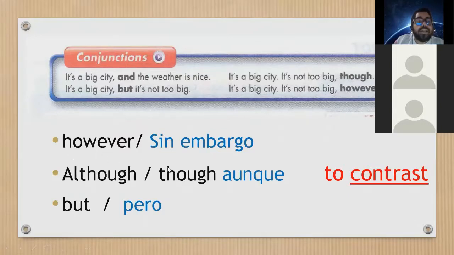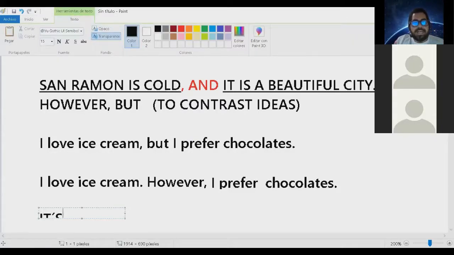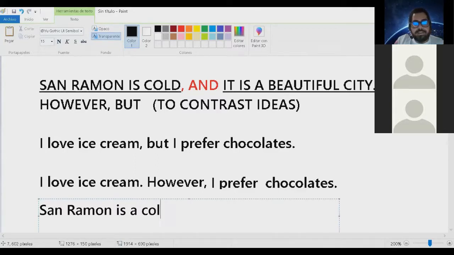Although, guys, es aunque, igual que el though. However, although we can use it in the middle. Podemos utilizarlo en el medio, guys. Y nos suena un poco más similar a la estructura de español. For example, guys, now let me write about my beautiful San Ramon. Remember that I'm from San Ramon. San Ramon is a cold city.